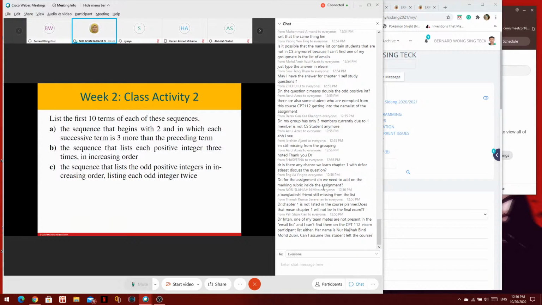Chapter 1 from me, and at least discuss the question. If you notice, chapter 1 is basically just to introduce the basic terminology and the symbols, not more than that. The reason I put up chapter 1 is just to refresh your memory, because I believe it is already covered in Form 5, diploma, matriculation, or STPM.